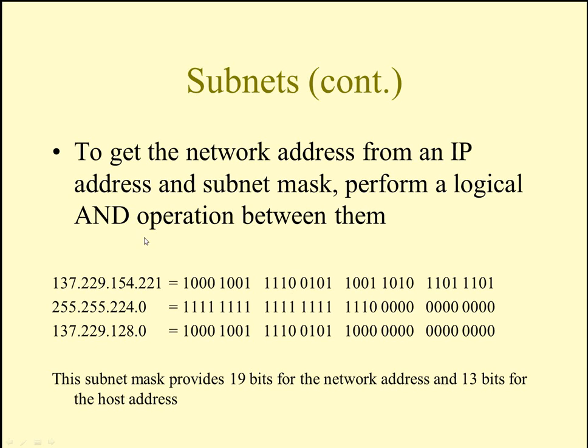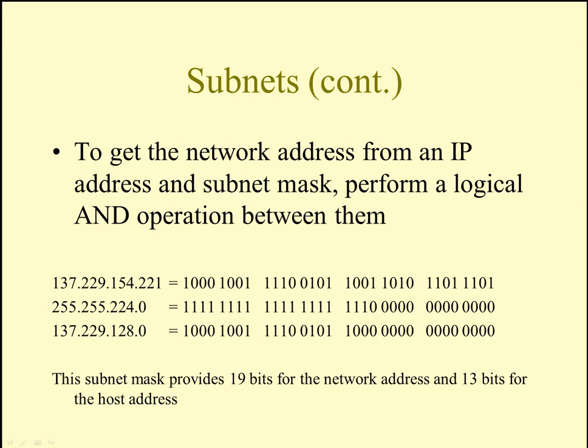Okay, here is another example of getting the network address from an IP address and the subnet mask: perform a logical AND operation. What we have here is an IP address and a subnet mask. We have a subnet mask for all of our IP addresses if we're going to be using subnetting.